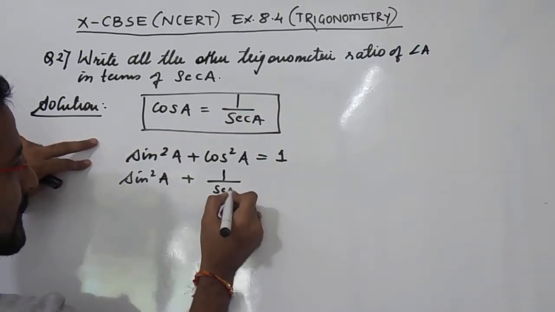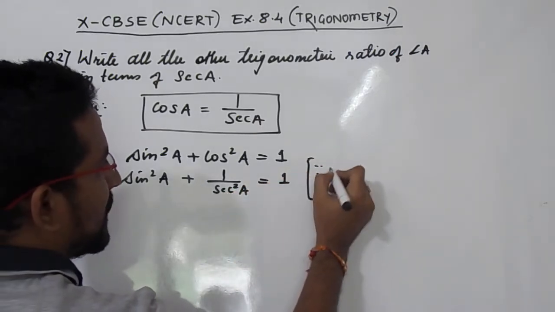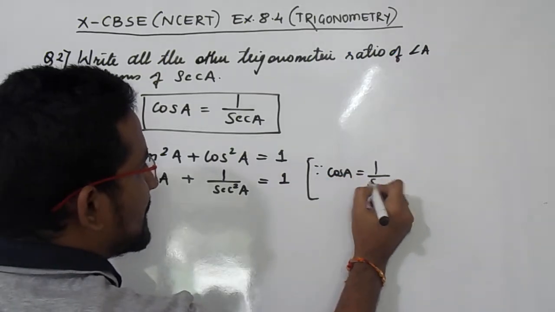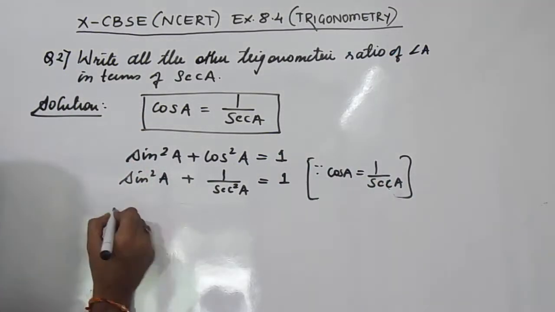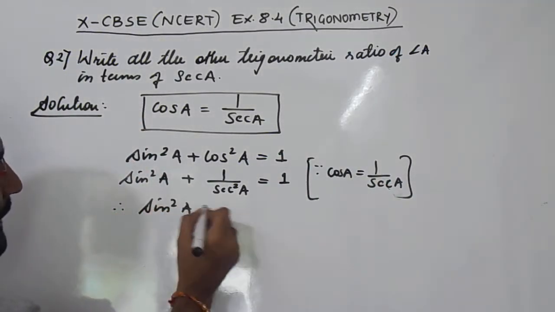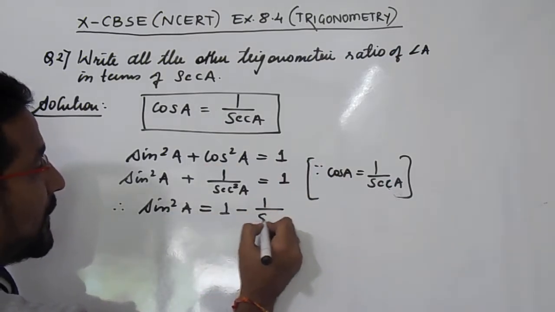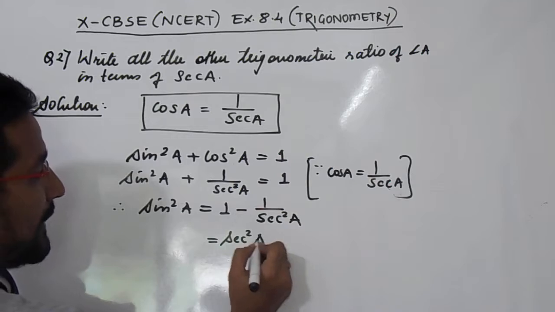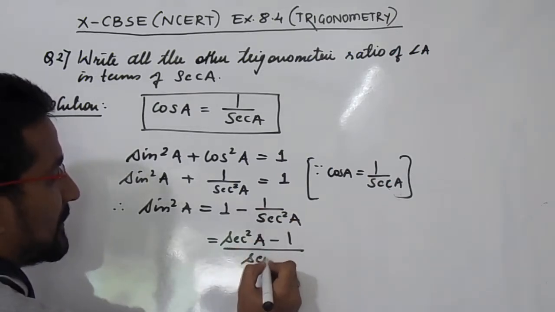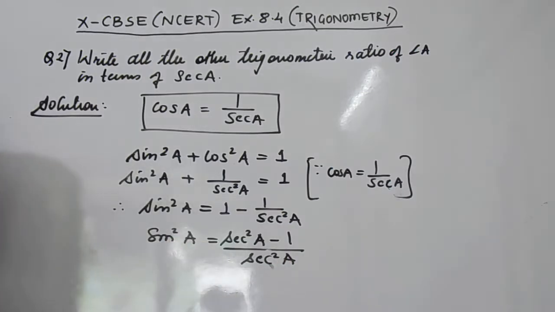So here I can write sin square A plus 1 upon sec square A is equal to 1, since we know that cos A is equal to 1 upon sec A. Now therefore sin square A is equal to, we'll shift the sec term to that side, so it will be 1 minus 1 upon sec square A. So do the cross multiplication, so it will be sec square A minus 1 divided by sec square A. So sin square A is equal to sec square A minus 1 upon sec square A.